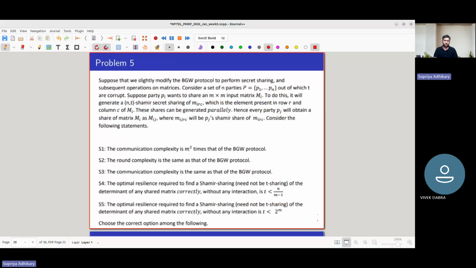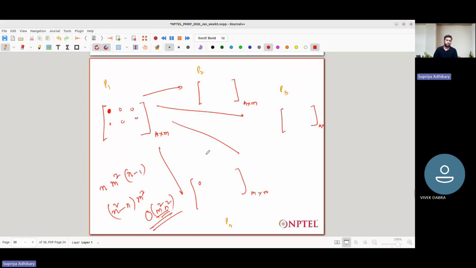I mean, if we consider a standard BGW protocol, that would also give us a similar kind of construction. It is not anything different.